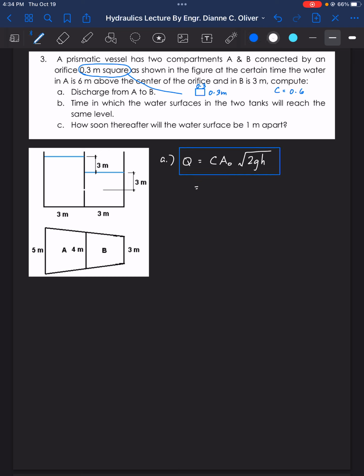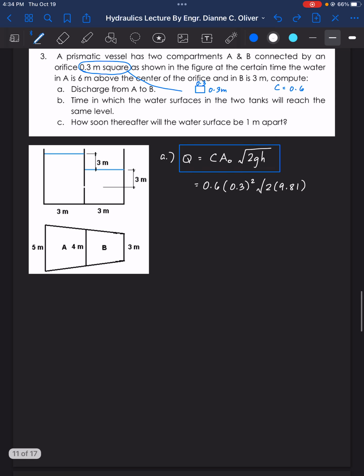So that is equal to 0.6 times the area of the orifice, which is 0.3 squared, times the square root of 2 times 9.81, and the difference in elevation. The difference of elevation of the two water surfaces here is 3 meters. So let's put here 3.